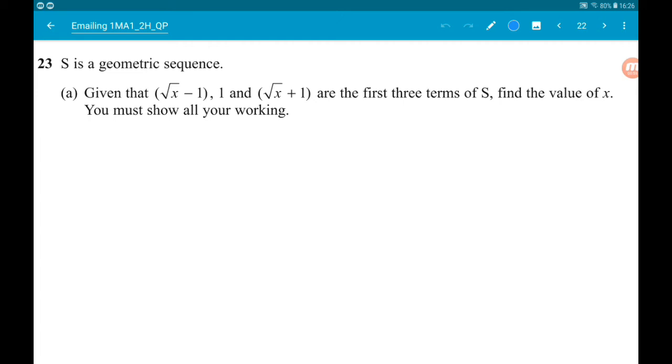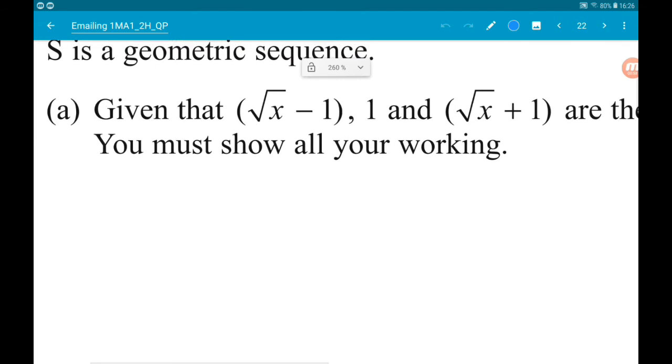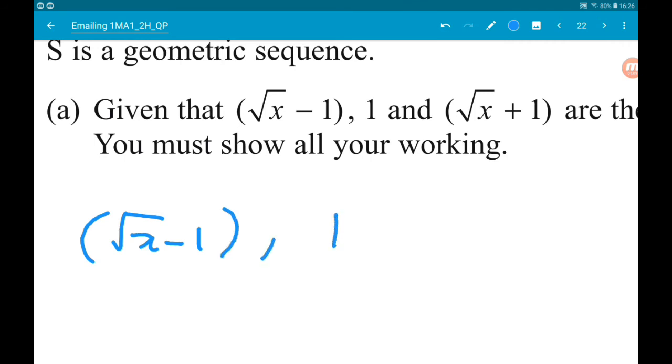Okay, so this means then that to get from root x minus 1 to 1 to root x add 1.